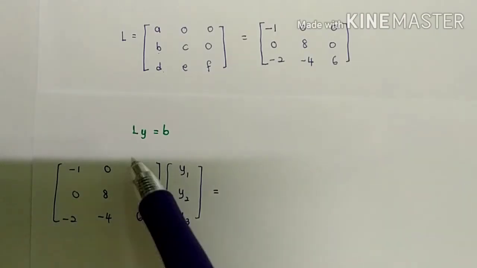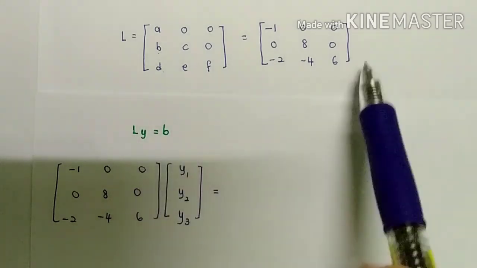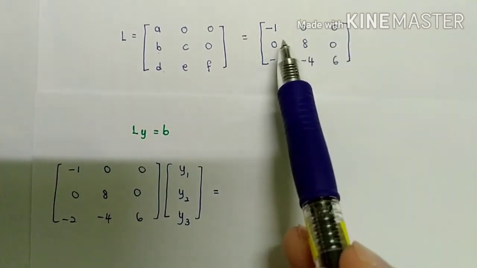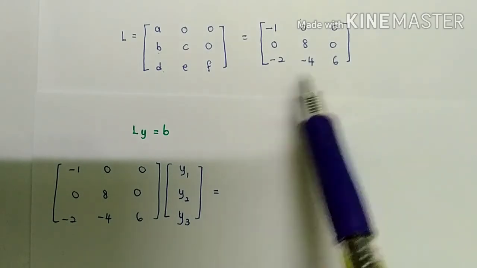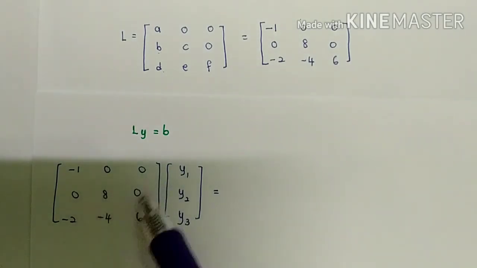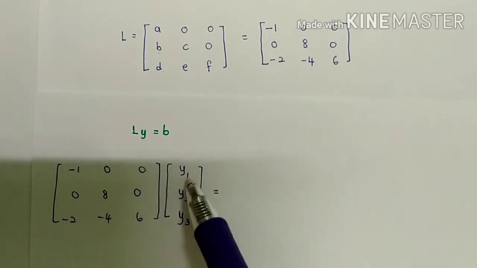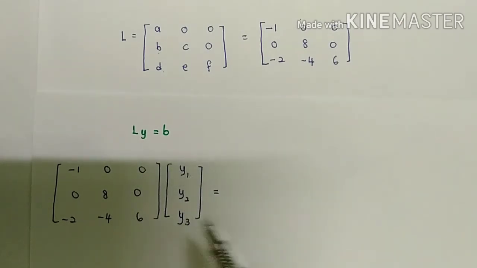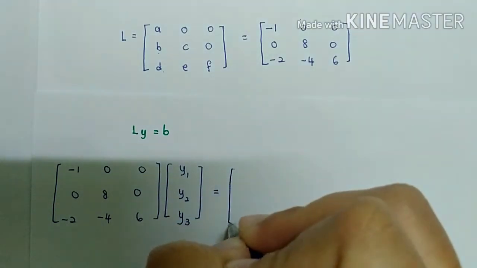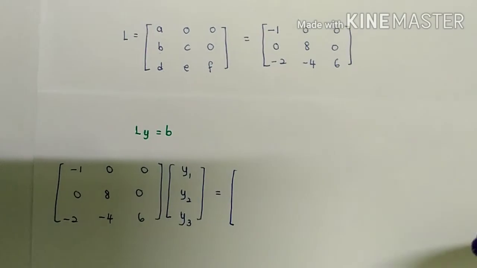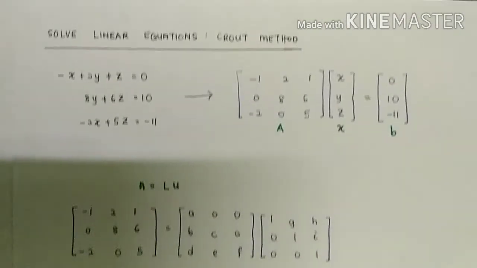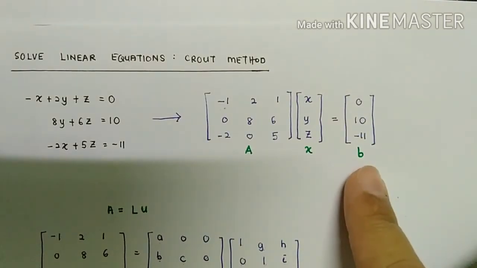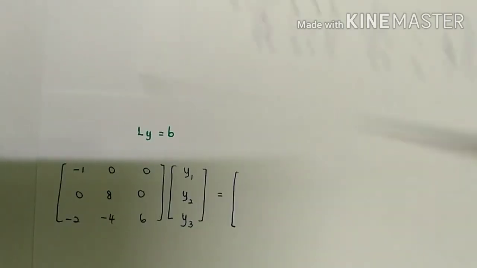We substitute back our matrix L. This is our matrix L, negative 1, 0, 0, 0, 8, 0, negative 2, negative 4, and 6. We substitute here for matrix L. And matrix Y is just Y1, Y2, Y3. And then equals to matrix B. We can get it from our first step here. 0, 10, negative 11.